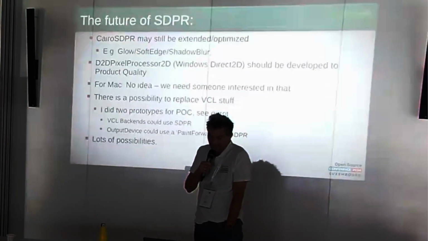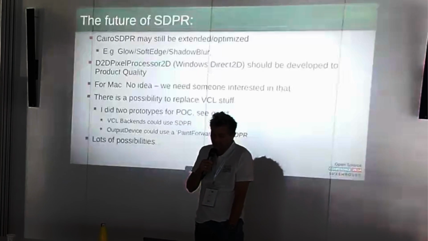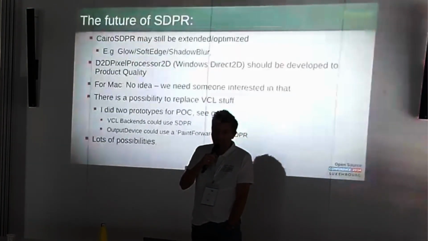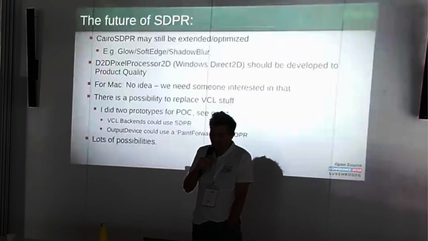We could get the direct-to-D renderer for Windows to product quality. We could find someone who does the same for Mac because it's done now. There's a good example what has to be done, and everyone can just copy-paste it and do a renderer for a graphic system on Mac, for example.